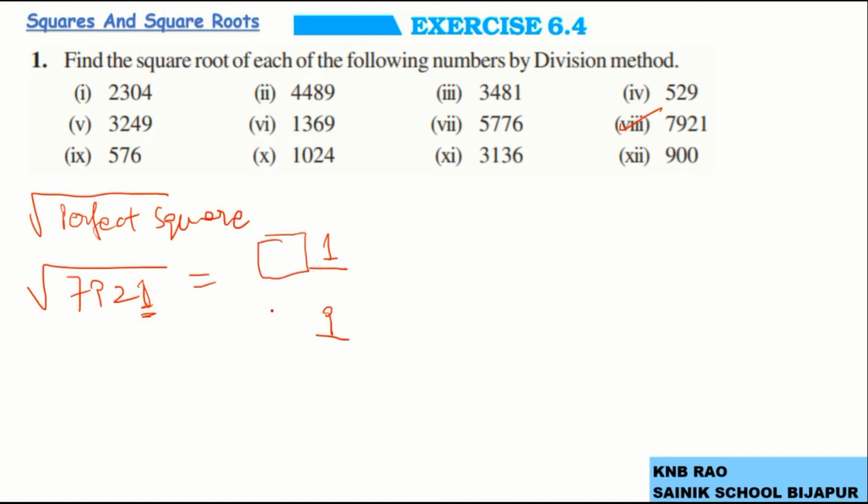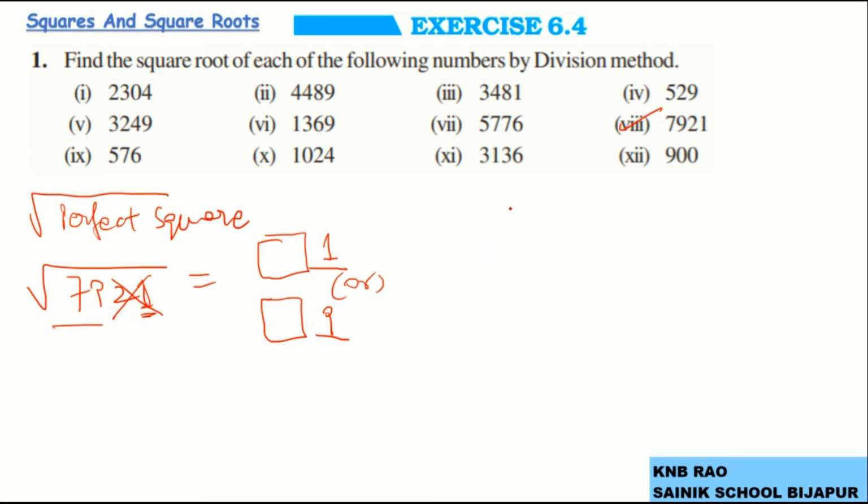And since this number is a 4-digit number, its square root will be a 2-digit number. Now we have to identify the tens place digit. To identify the tens place digit, take away the last 2 digits, that is the rightmost 2 digits. The remaining digits you check.